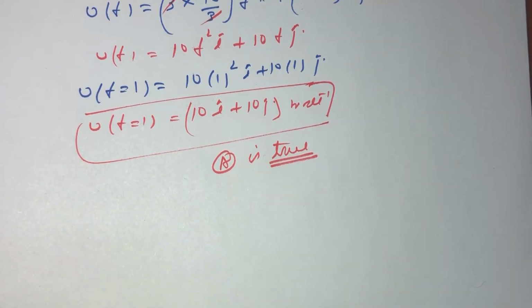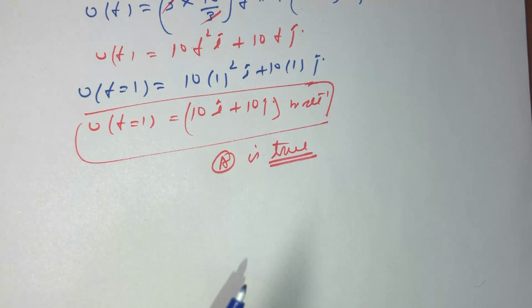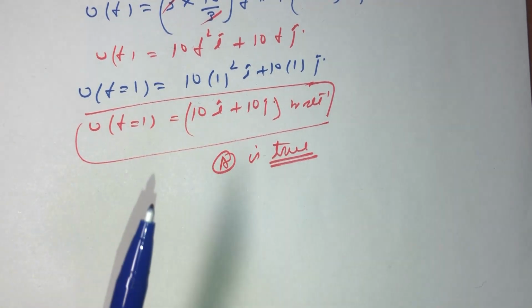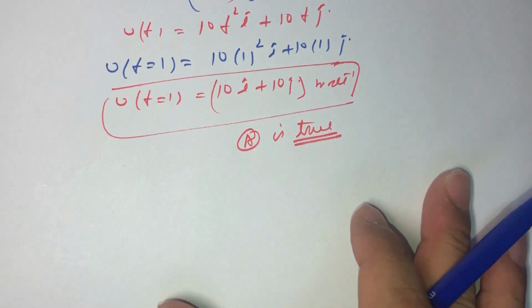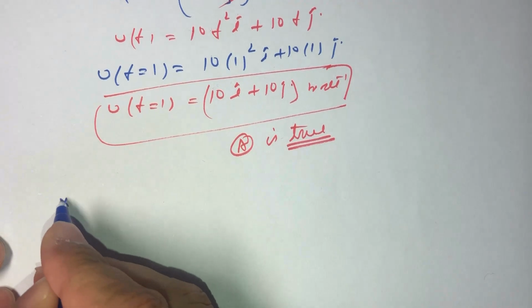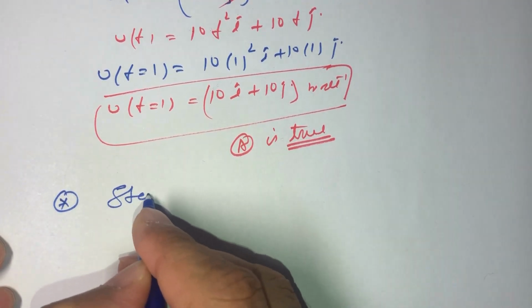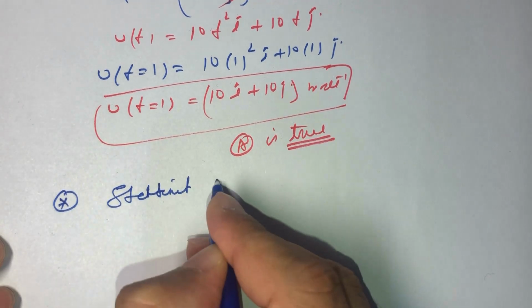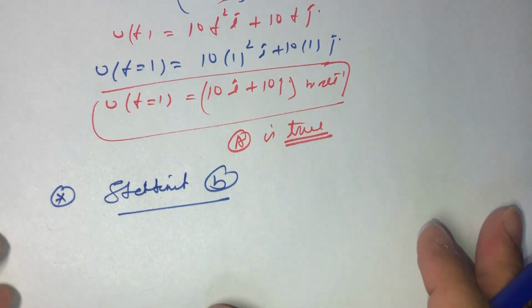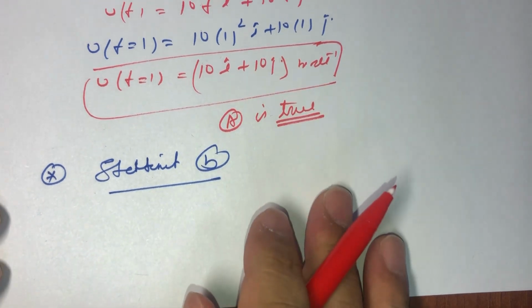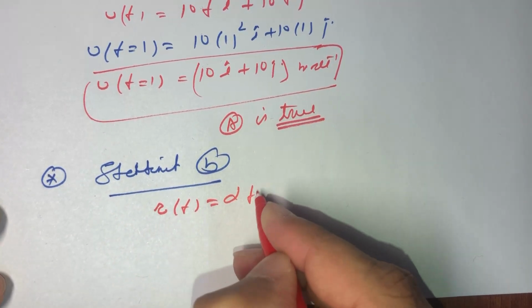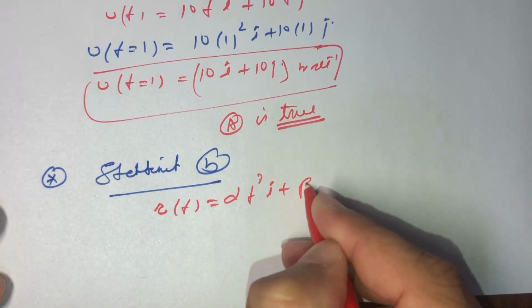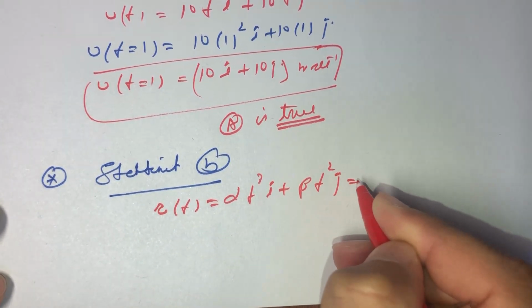Now in the second, we have to find out the angular momentum, and angular momentum is, you can say, cross product of r with v and multiply by the mass. So let us first of all find out statement B. So we have that r of t, which is given as alpha t cube i plus beta t square j.